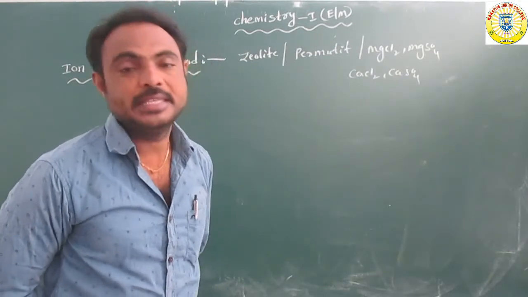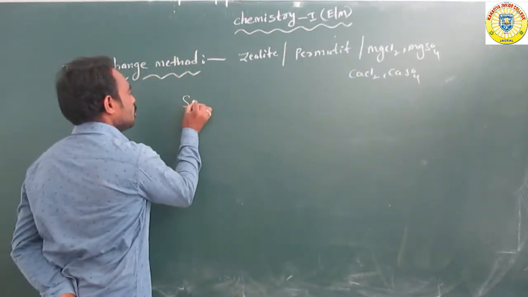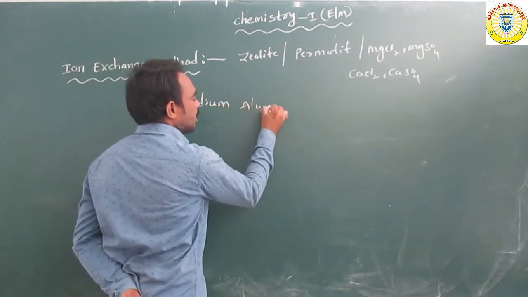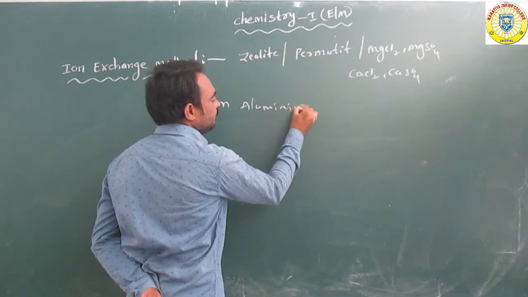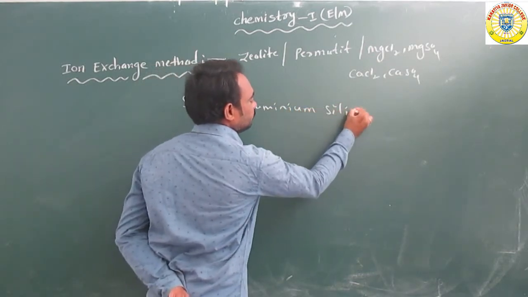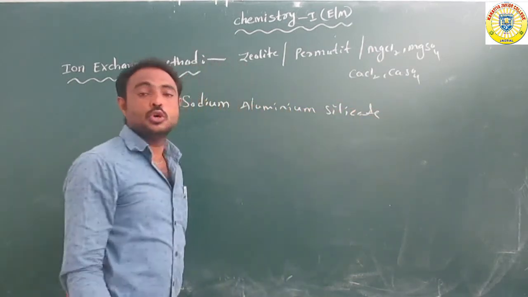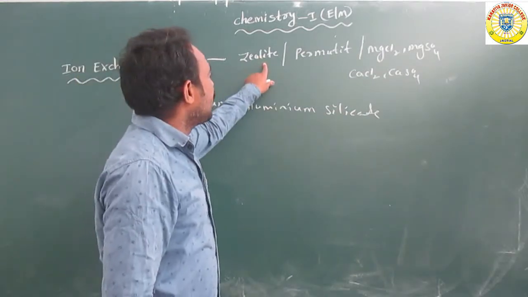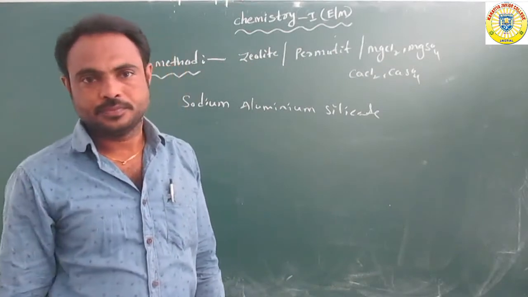That compound is sodium aluminium silicate. Sodium aluminium silicate is just like zeolite or permutit.